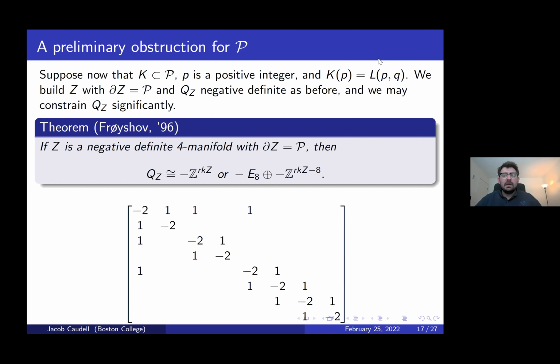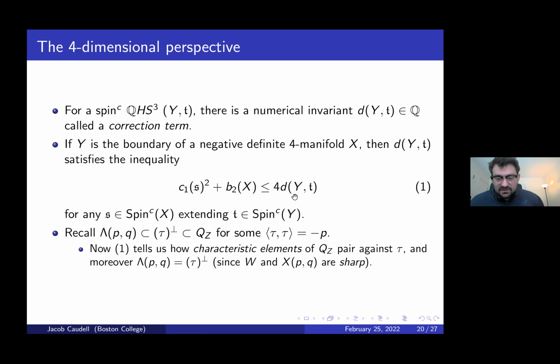But let's recall that this linear lattice Λ_{p,q} embeds in the orthogonal complement of some vector tau inside of the intersection form of Z. But this inequality 1 actually tells us how characteristic elements of this intersection form pair against tau. And moreover, that this linear lattice Λ_{p,q} is equal to the orthogonal complement of tau on the nose.